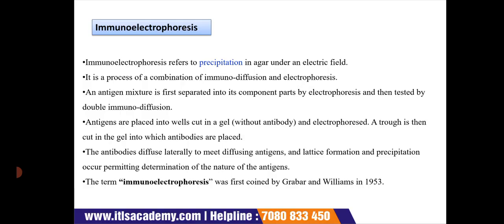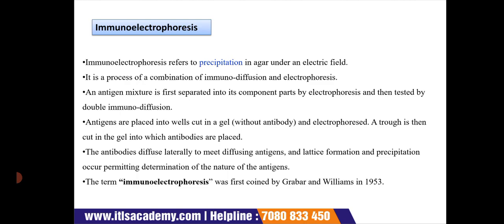Immunoelectrophoresis refers to the precipitation in the agar under an electric field. We are all aware of the term electrophoresis, which we have already discussed.